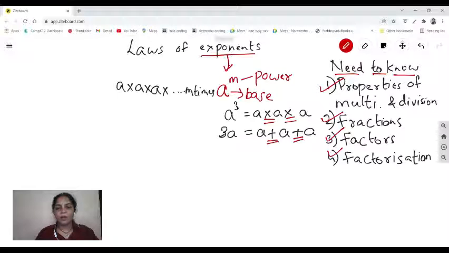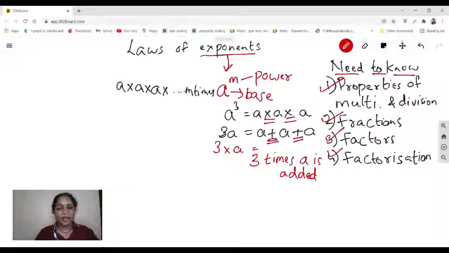What do you mean by 3a? It is 3 times a. 3 times a is added. Mathematics you can learn by learning it in a language form. 3 times a is added. That is when it becomes 3a.